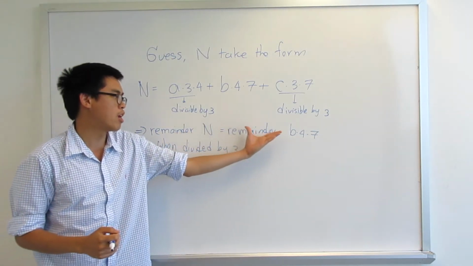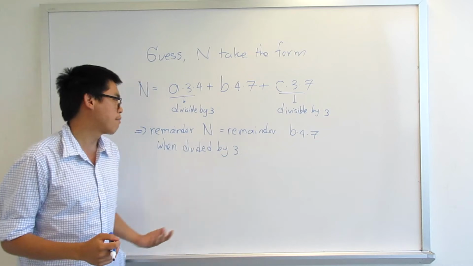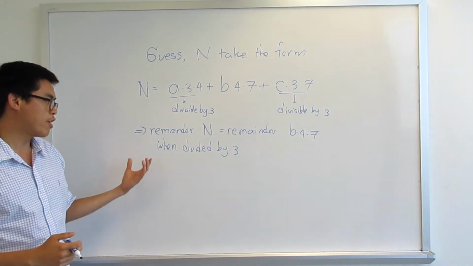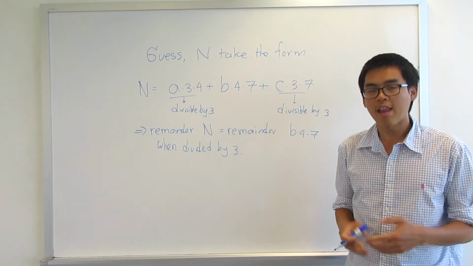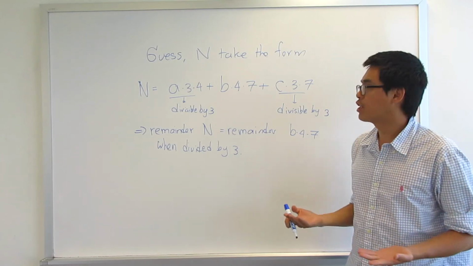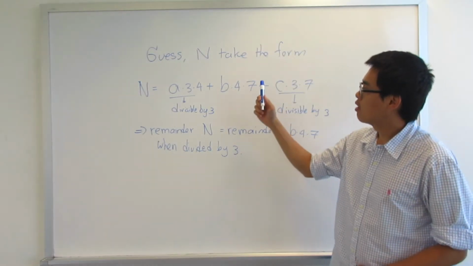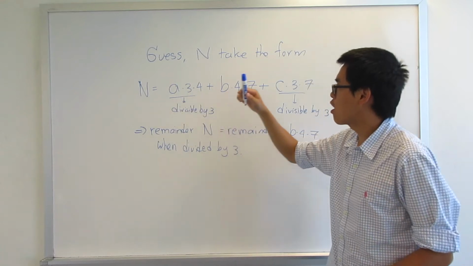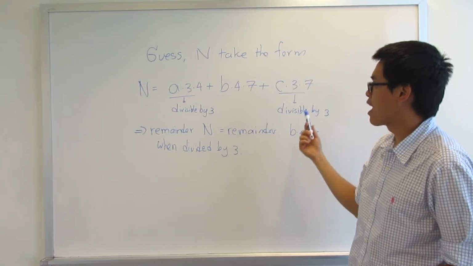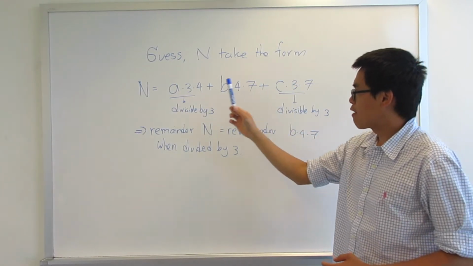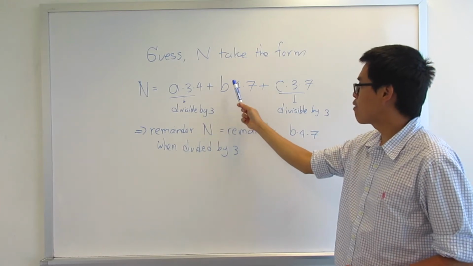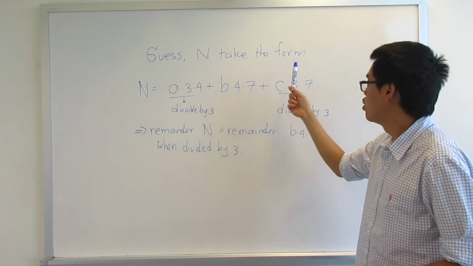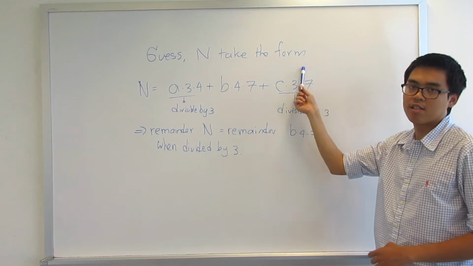The remainder of n and the remainder of b times 4 times 7 are exactly the same when you divide both terms by 3. Likewise, you can do this with the 2 other conditions, meaning you can look at what happens when you divide n by 4 and what happens when you divide n by 7. Divide n by 4, this is divisible by 4, this guy is divisible by 4, so the remainder will solely depend on this guy.